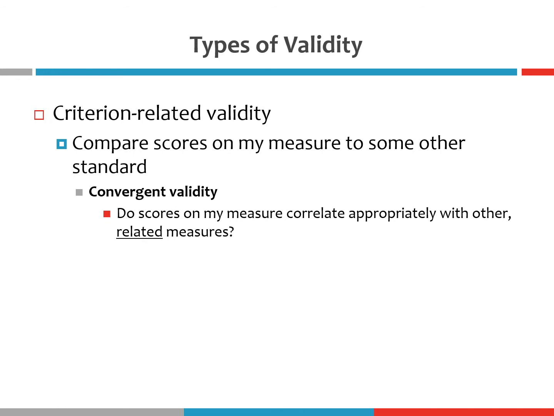Okay, first we have convergent validity. With convergent validity, essentially what we're trying to assess is if scores on our measure correlate appropriately with other related measures.